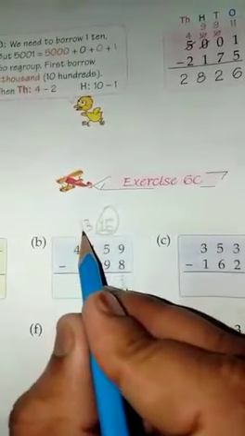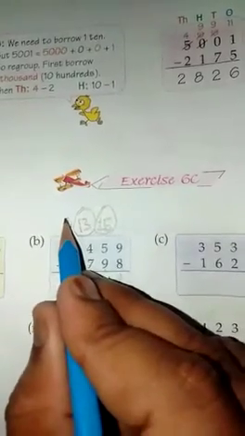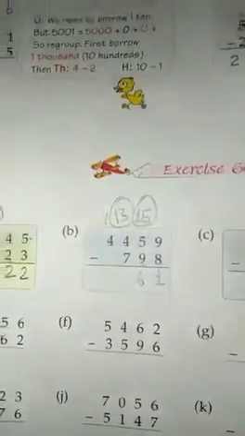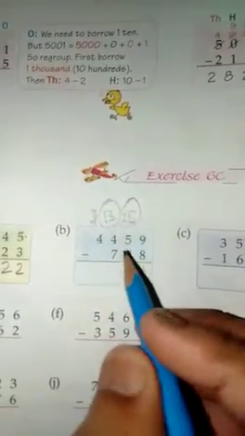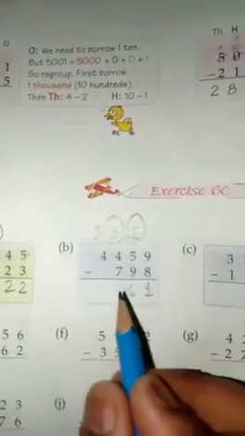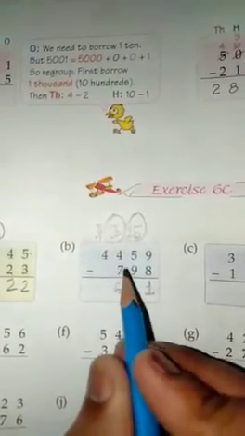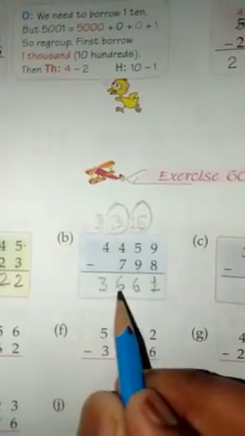So it will be 13 and it will be 3. 13 minus 7 is equal to 6. So we will write 6 in hundreds place and it is 3. So we will write here 3. 3,661.